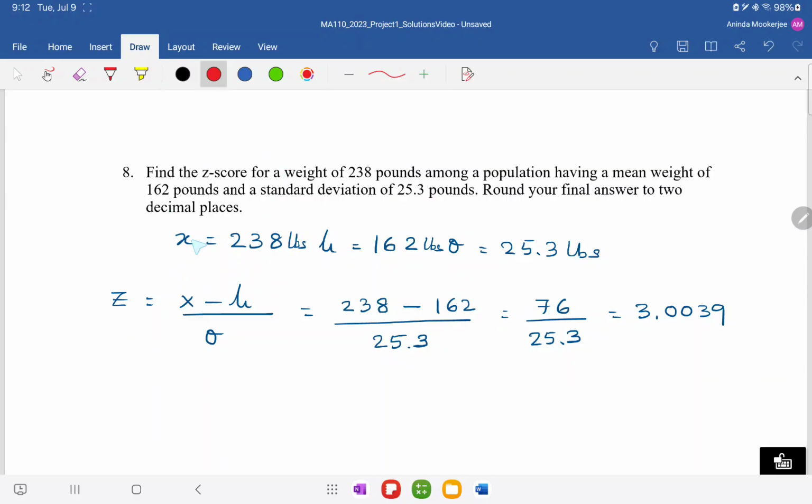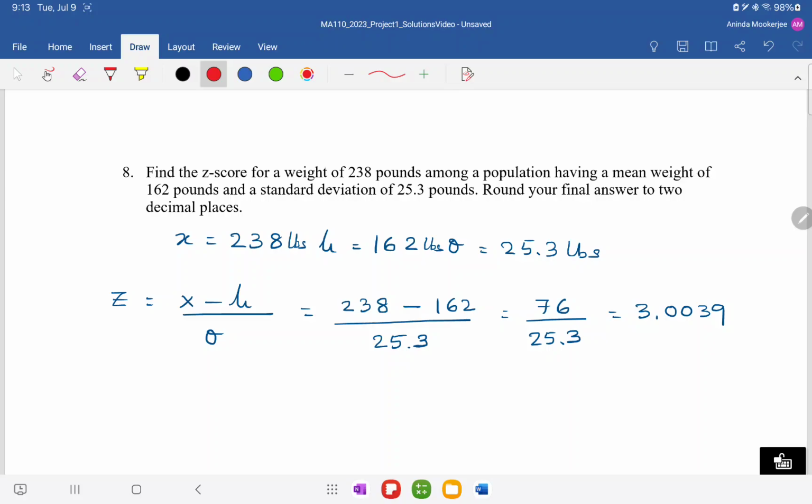The next question is about finding the z-score given an observation, the mean, and the standard deviation. So what is a z-score? A z-score tells us about the unit deviation of an observation from the mean.